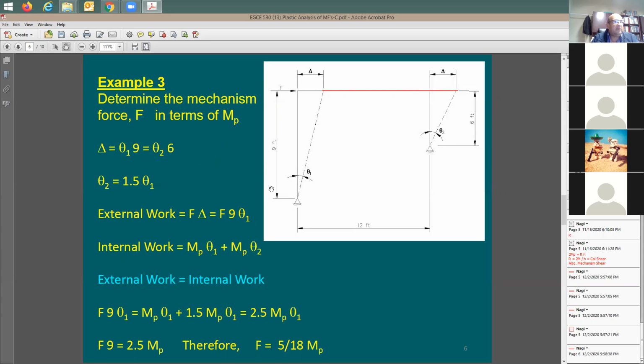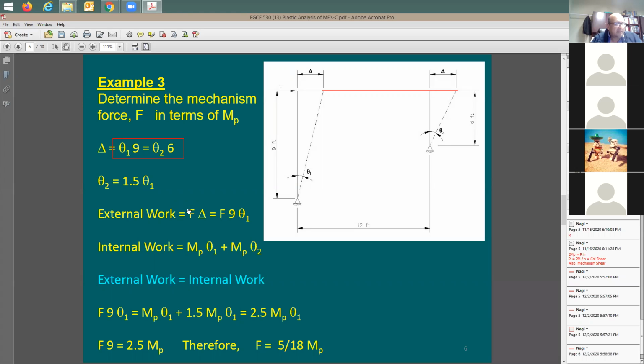Therefore, I can find out the relation between theta 1 and theta 2. Look at this equation here. Just take it and move it here, right? Now, which one's larger again? We say theta 2. So theta 2 is going to be equal to 9 divided by 6. It's going to be 1.5 theta 1. Now I have a relationship or a ratio between theta 1 and theta 2.